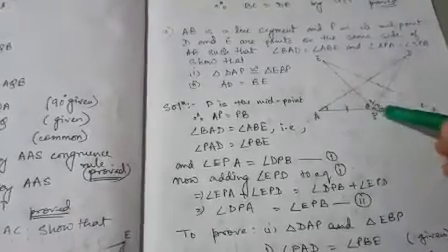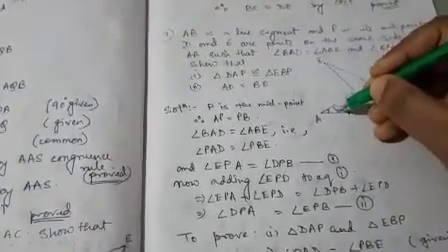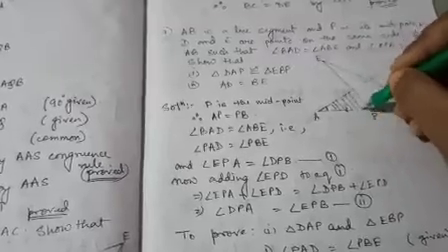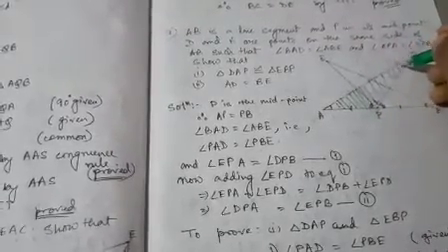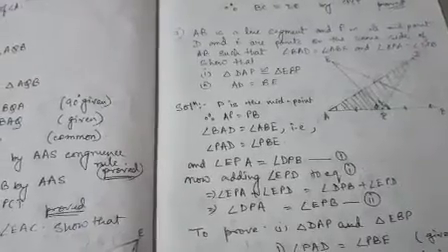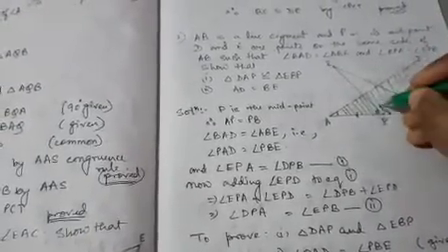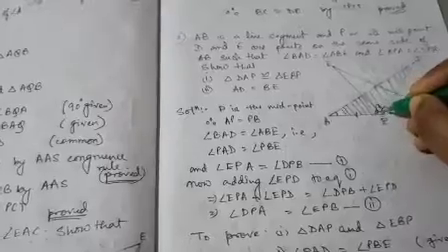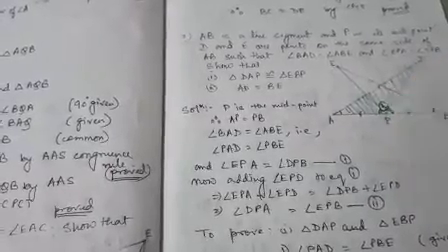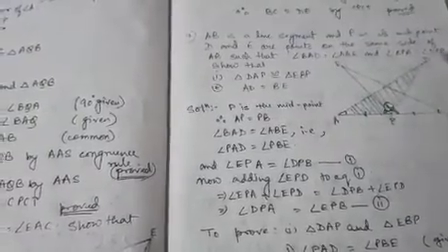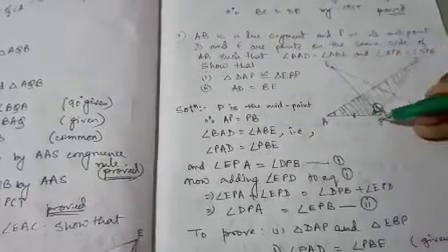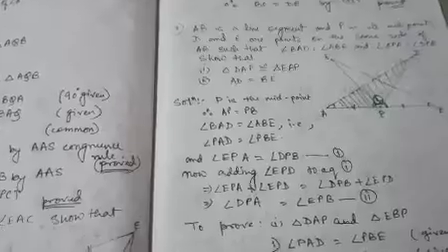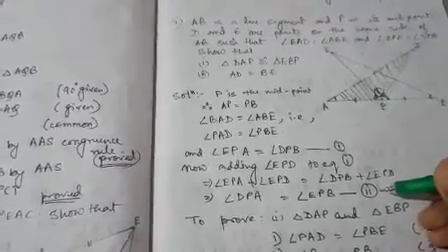So when we are considering this shaded triangle and the unshaded triangle, we added this angle 1 to equation 1, and we got the angles DPA and EPB, which are equal to each other, which forms our equation 2.